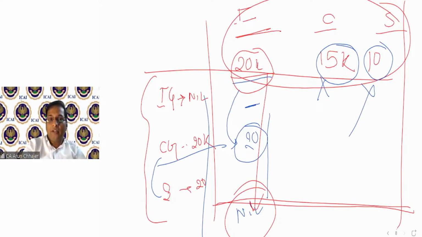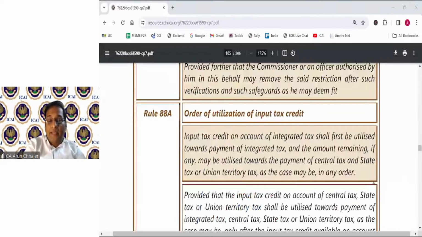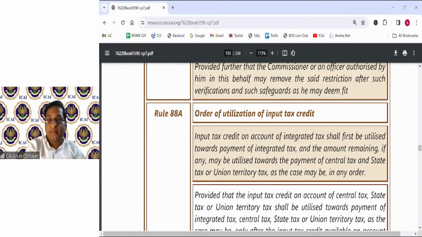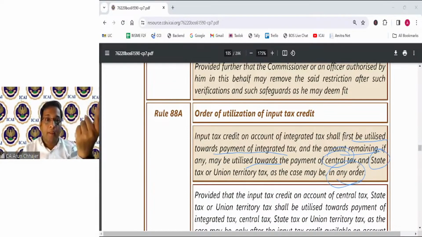Go to that particular rule. Rule 88A says ITC on account of integrated tax shall first be utilized toward the payment of I and the amount remaining, if any, may be utilized toward the payment of C and toward the payment of S in any order, in any manner, in any proportion.